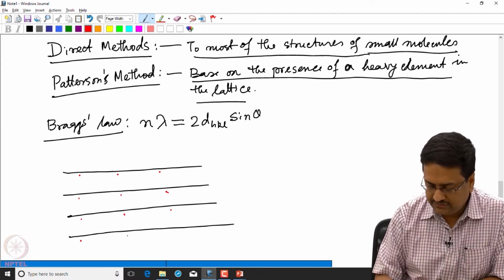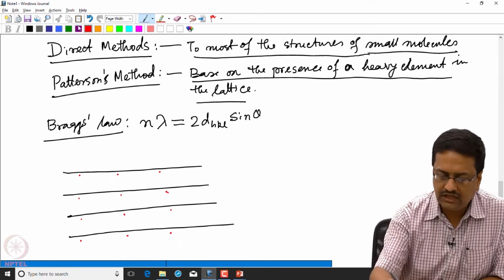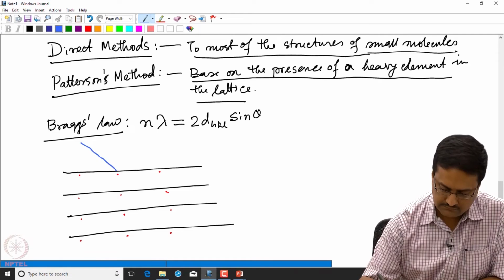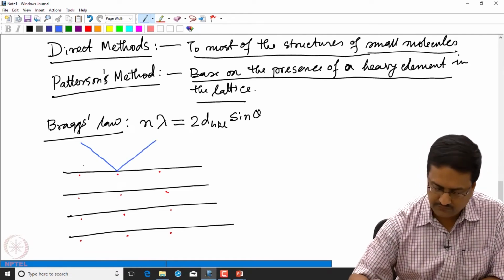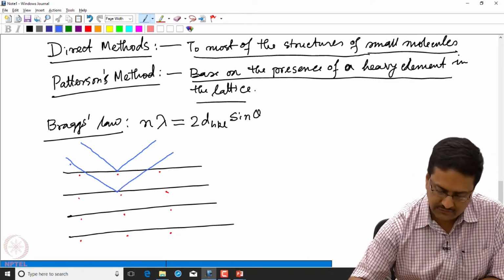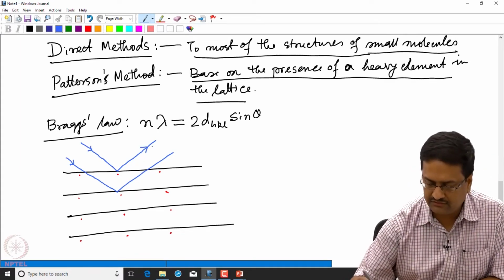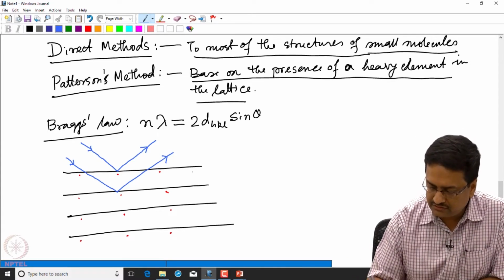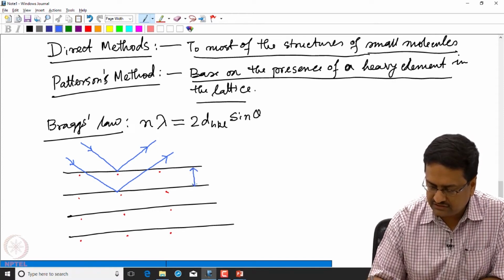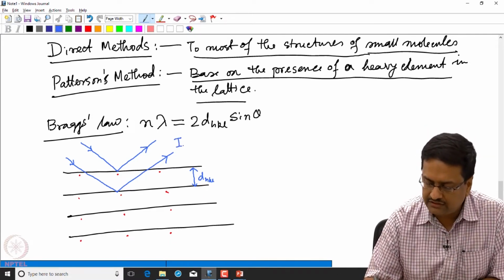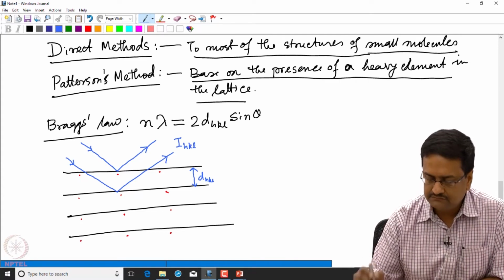So in that case, when the X-ray diffraction occurs from such planes, the incident beam and the diffracted beam are drawn like this. The distance here, I write as dHKL, and the intensity of these diffracted beams, I write as IHKL.